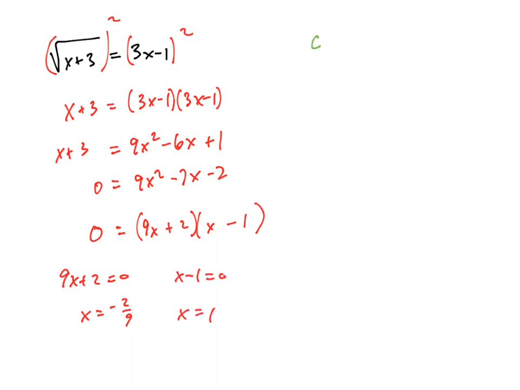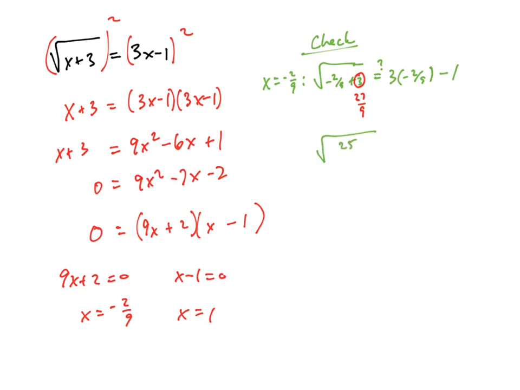So let's check this. First off, let's do the fraction. We get square root of negative 2/9 plus 3. Is that equal to 3 times negative 2/9 minus 1? This is kind of messy. 3 is the same thing as 27/9.